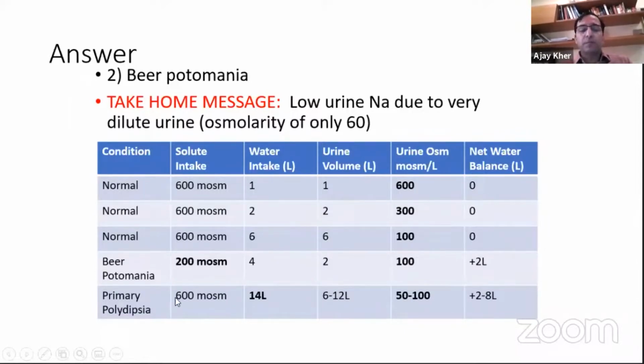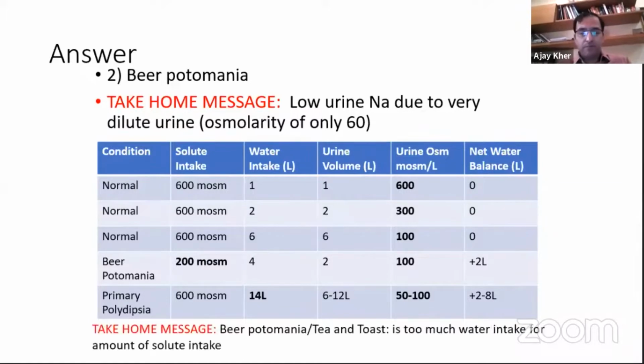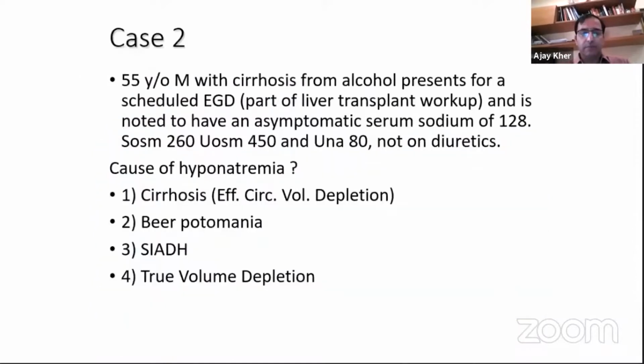And this is what a primary polydipsia patient will have to do every day for him to remain hyponatremic. Otherwise, the kidney will be able to excrete the additional water and the sodium will come up. So again, beer potomania and tea and toast or primary polydipsia is too much water intake for the amount of solutes that the person is taking.